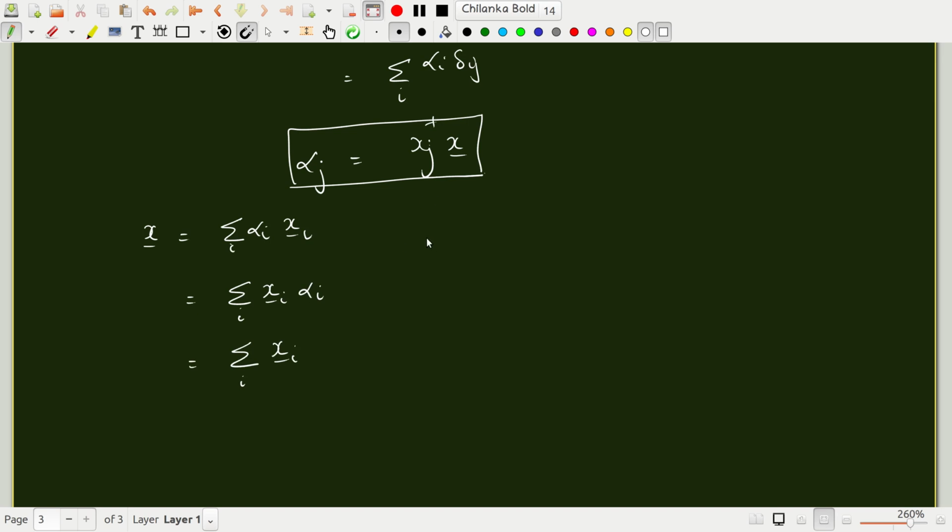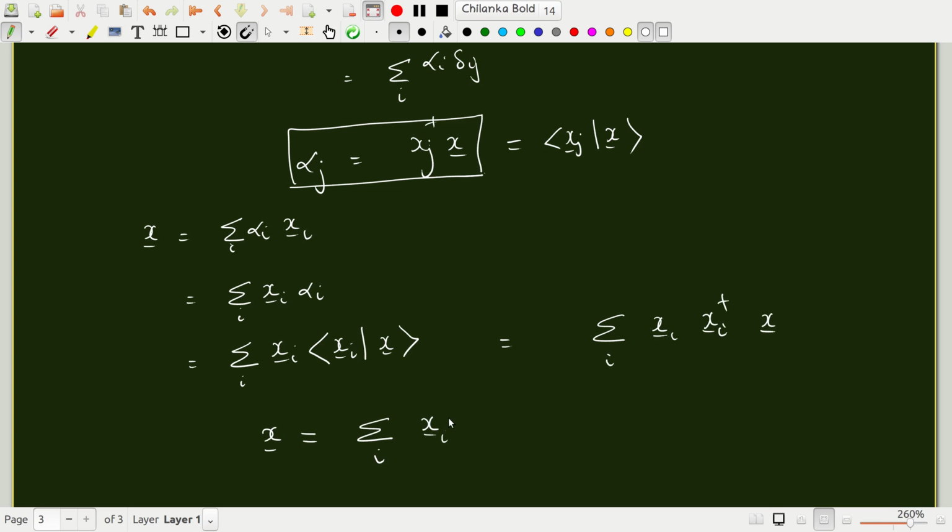Instead of alpha_i, what is alpha_i? It is x_i dagger operating on x. So you have an equation, x is summation over i of x_i x_i dagger x.